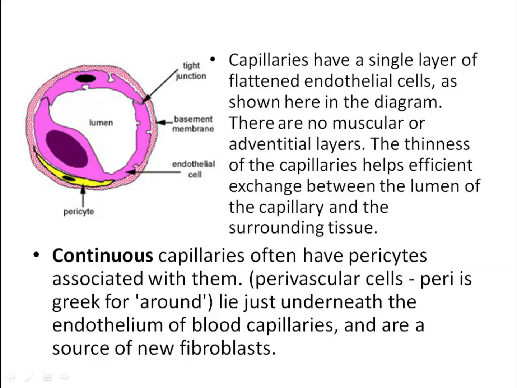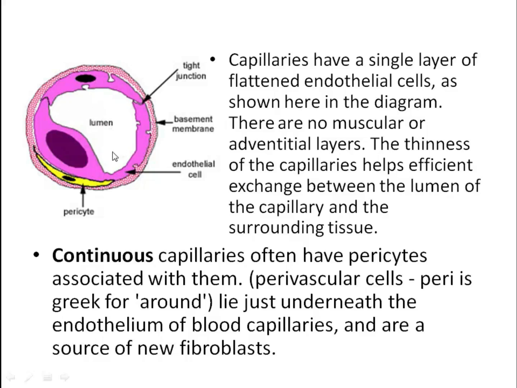So capillaries are the actual site where the exchange of nutrients, oxygen and nitrogen waste takes place, and that takes place through these endothelial cells. In this diagram they have shown two endothelial cells entangled with each other to form a round ring-like structure with a central lumen.